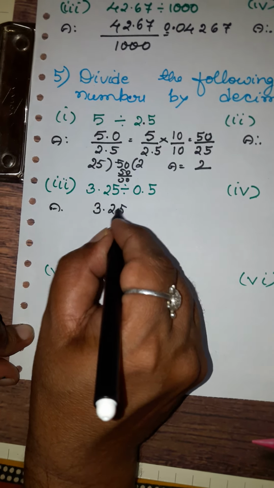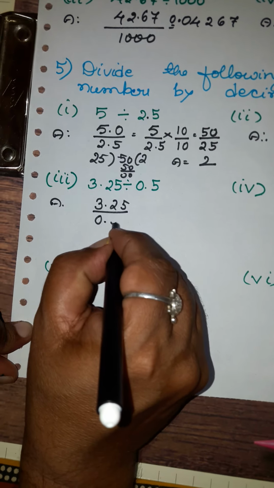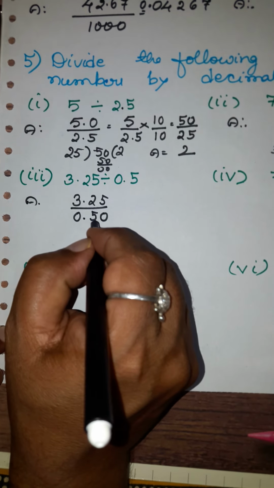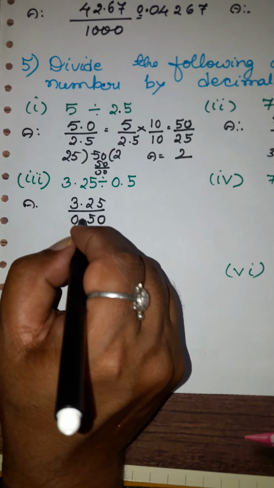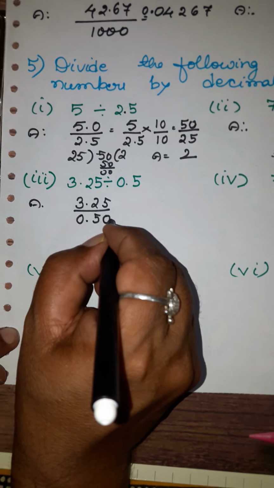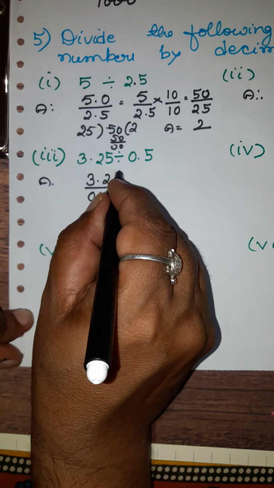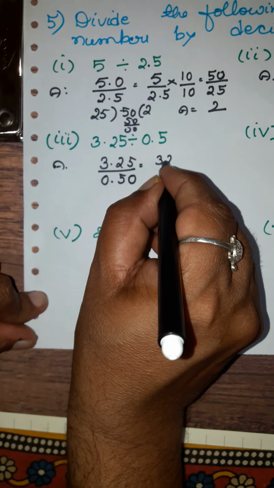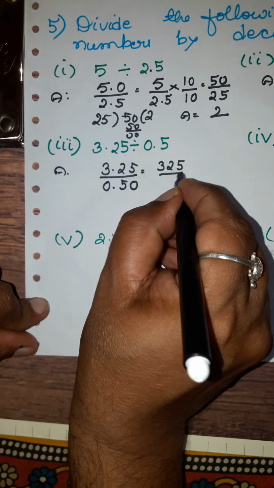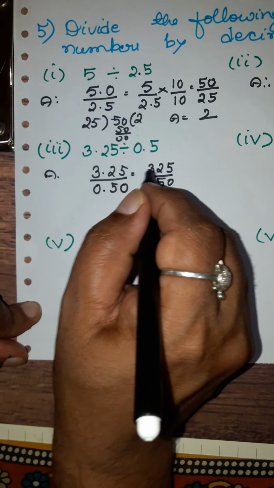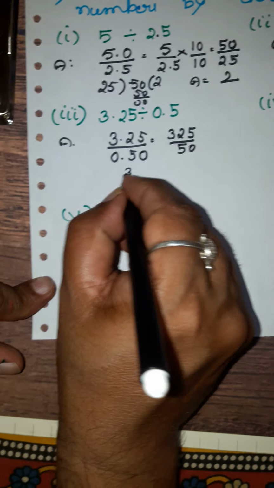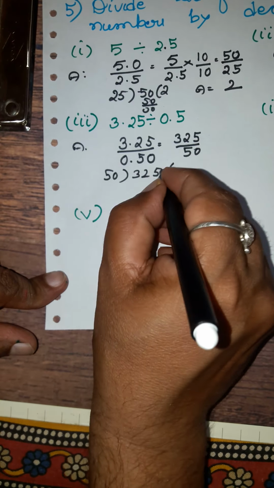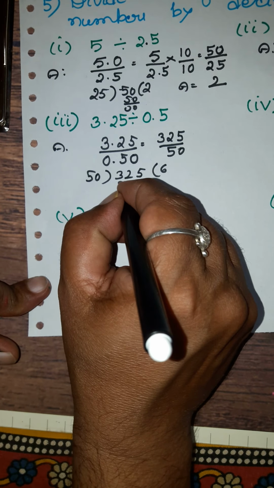Here 3.25 divided by 0.5, I can put 1 0. Any number of 0 because I want to see equal decimal places. So I shift decimals to the right by 2 places. Here also I move decimal point to the right by 2 places. This becomes 325. Here it becomes 50. Now divide 325 by 50. 6 fives are 300.